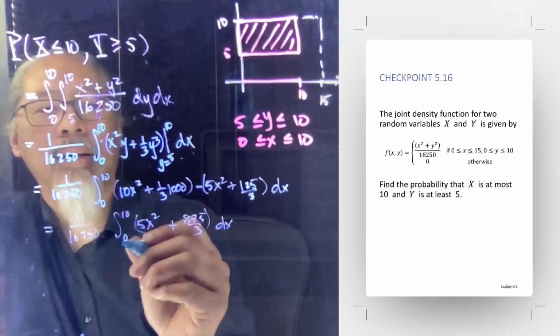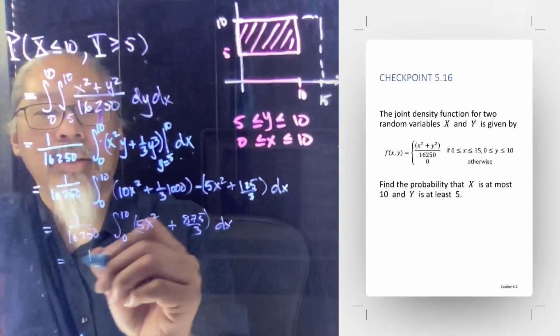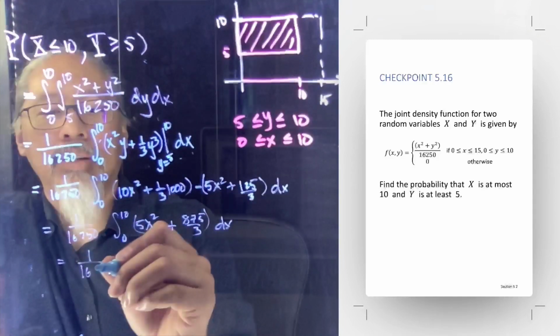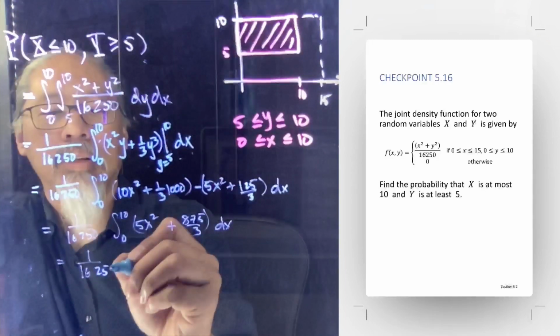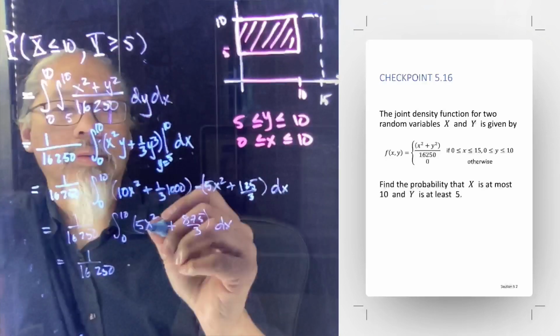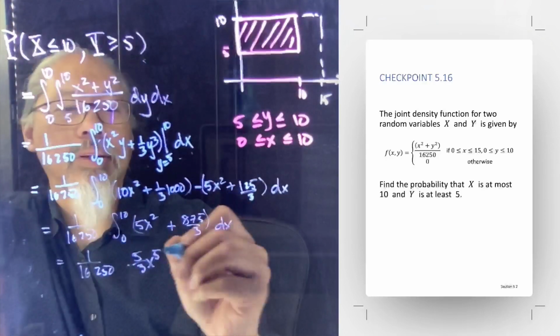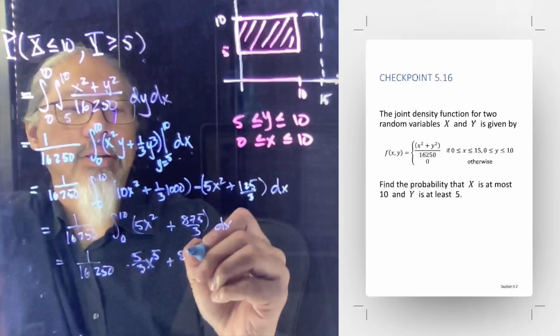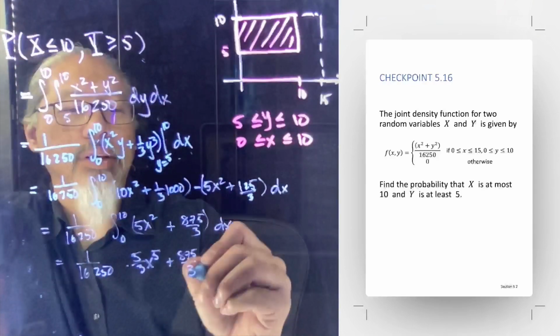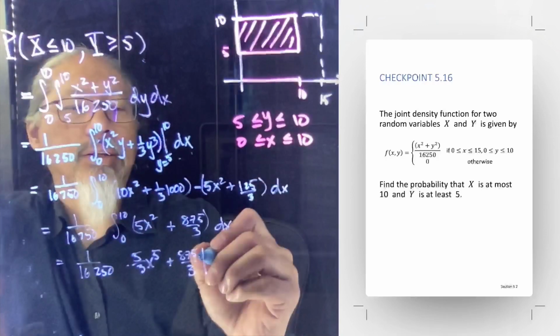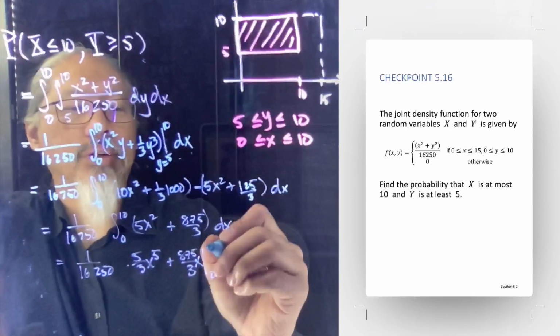All right, I'll continue doing the work here. We've got 1 over 16,250, and we will integrate this now. This is 5/3 x to the 3rd plus 875 over 3 x, and we're evaluating from 0 to 10.